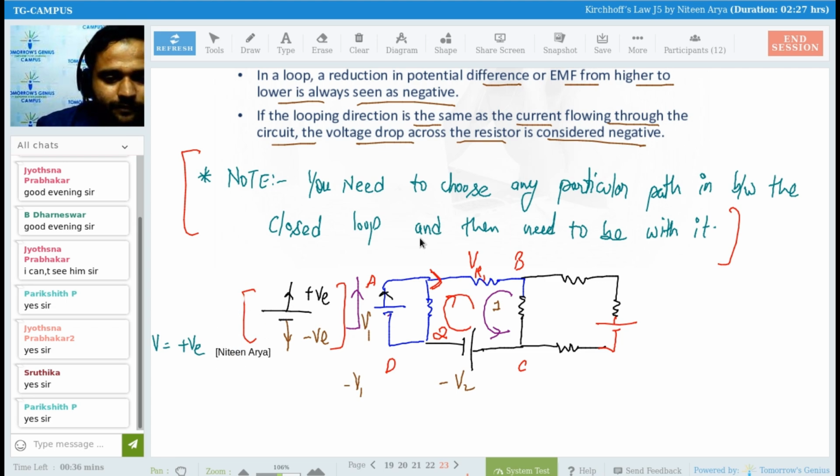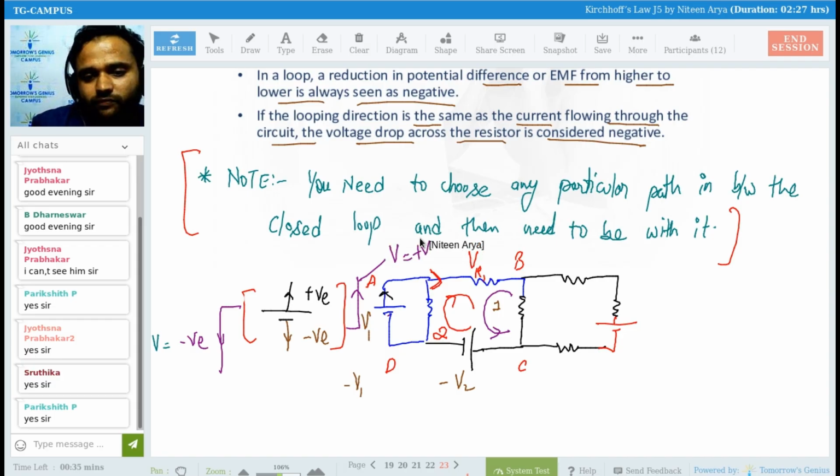Just give me a minute. If you go from positive to negative, then it is going to be negative. And if it is negative to positive, then the net potential is going to be positive.